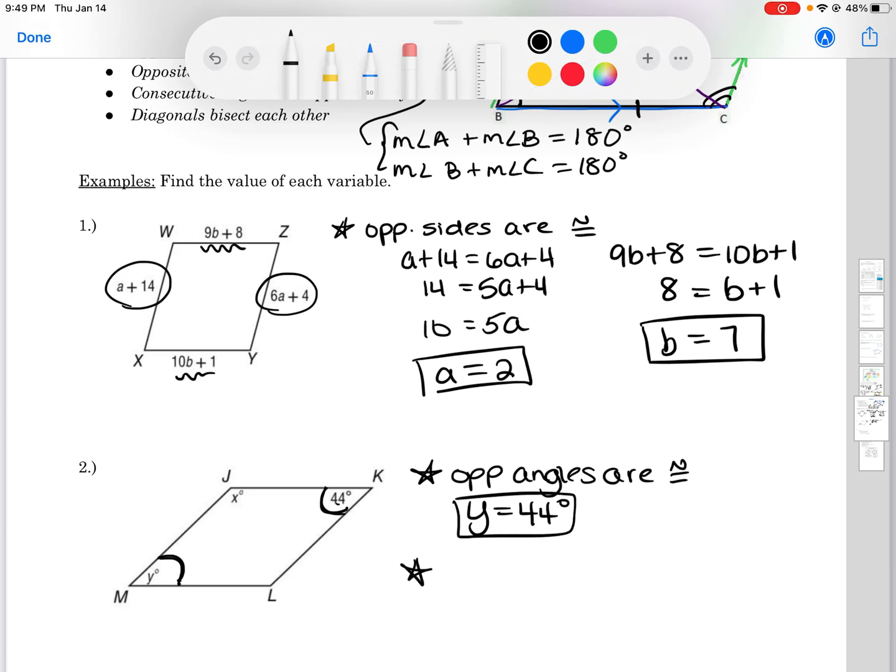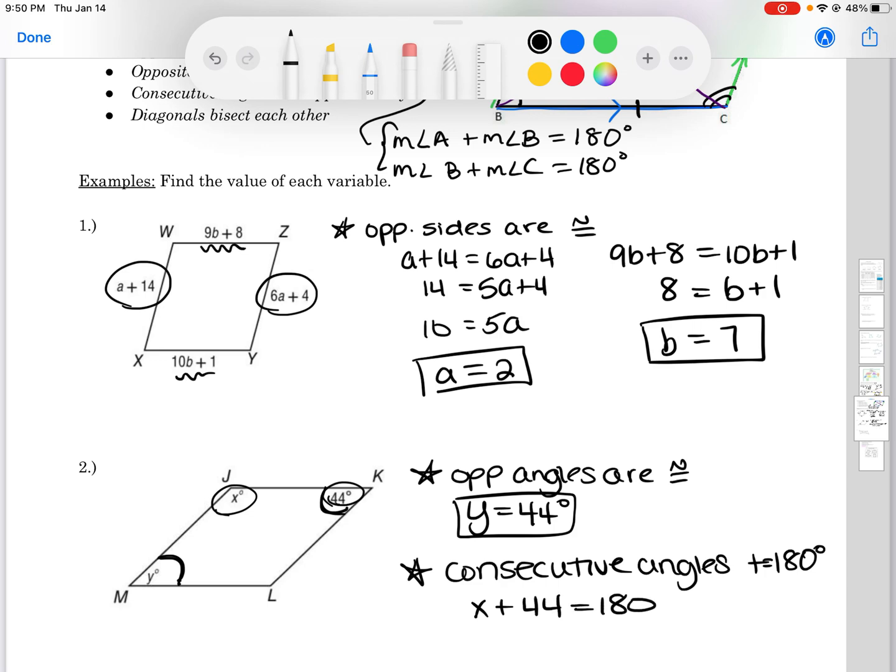I also know that consecutive angles are supplementary. So they add to 180. So that means if I were to add x and y, or x and 44, they should give me 180. So x plus 44 is going to equal 180. And when I subtract 44 from both sides, I'm going to get that x is equal to 136.